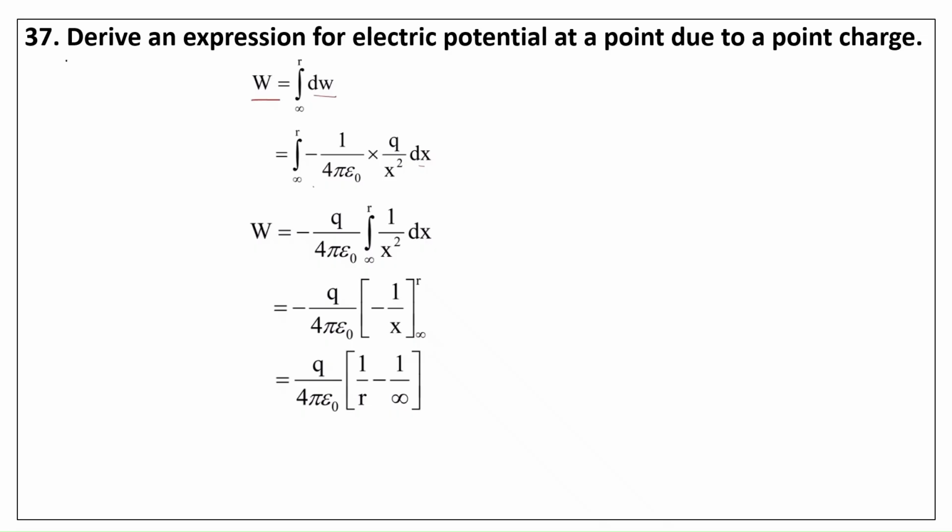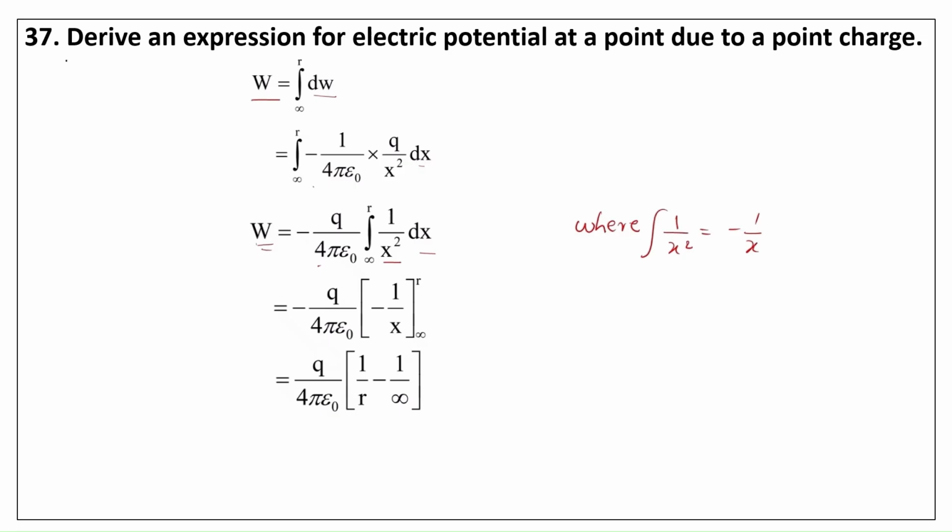That is, W is equal to minus Q by 4 pi epsilon naught, integration from infinity to r of 1 by x square dx. On simplification, integration of 1 by x square is equal to minus 1 by x. Substituting in the above equation, we get W is equal to minus Q by 4 pi epsilon naught into bracket minus 1 by x from infinity to r.